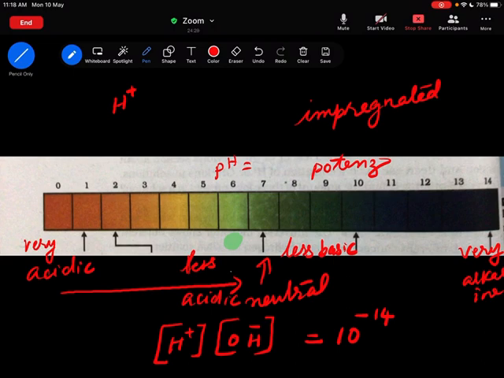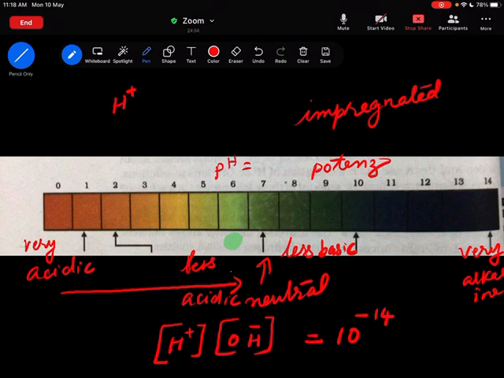HCl, hydrochloric acid. Which will give fewer H plus ions? Acetic acid. That is their nature. Acids that give rise to more H plus ions are said to be strong acids, and acids that give fewer H plus ions are said to be weak acids.